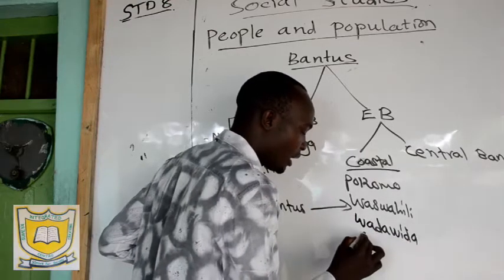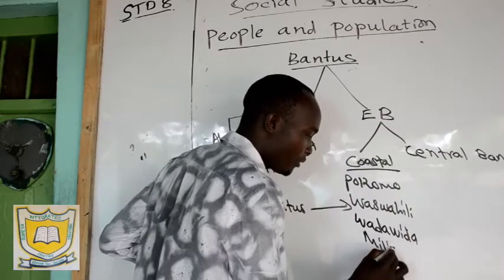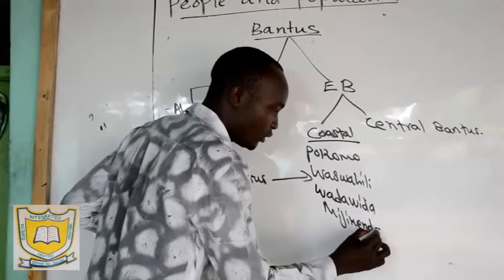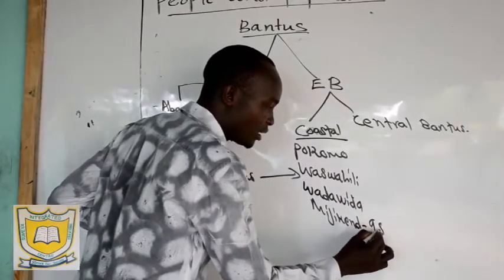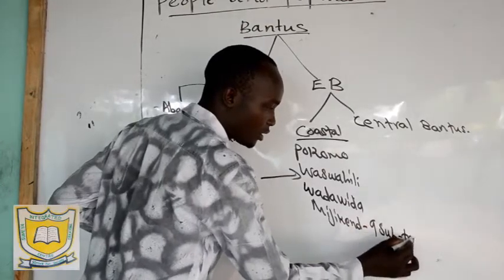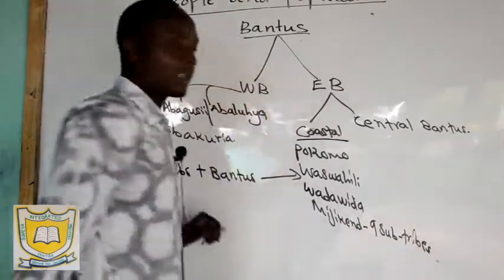Then we have Mijikenda, and we said Mijikenda means nine sub-tribes.